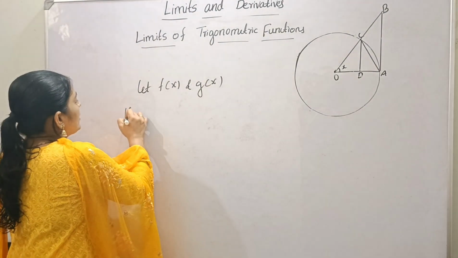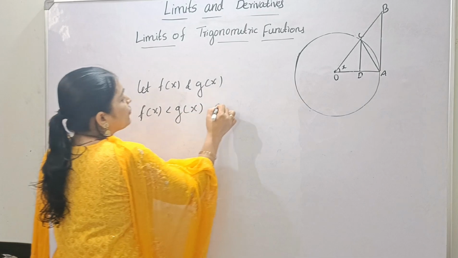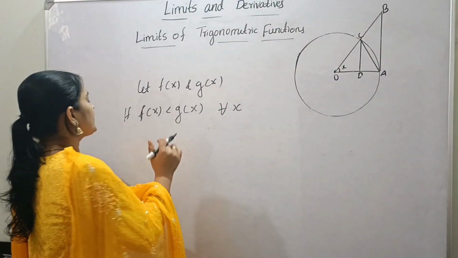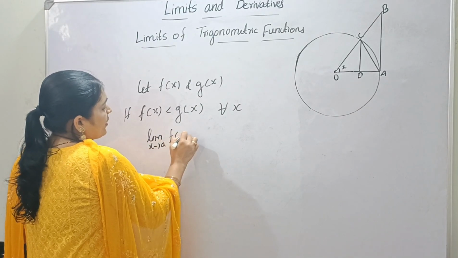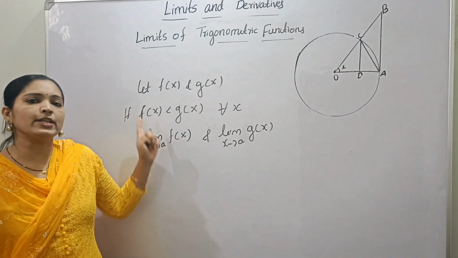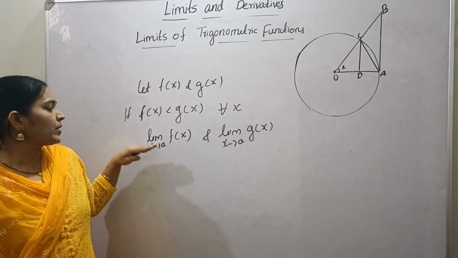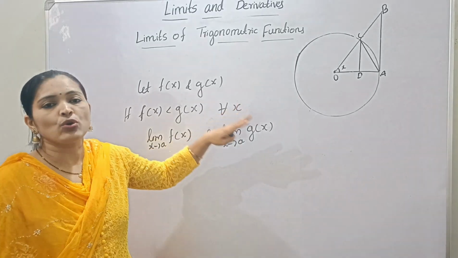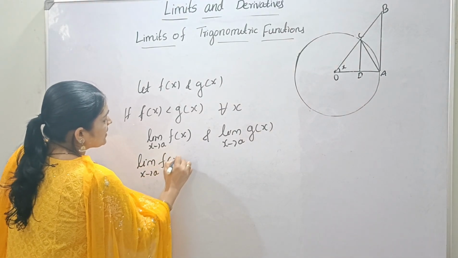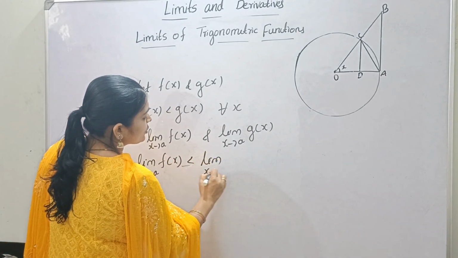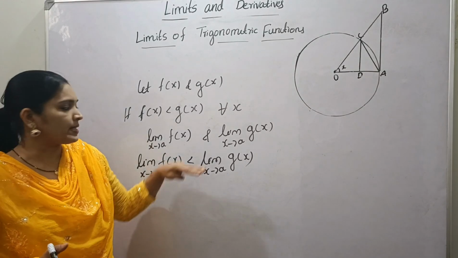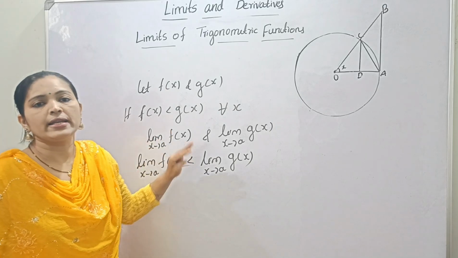If f of x is less than g of x for all values of x in the domain, and limit x tends to a f of x and limit x tends to a g of x exist, then limit x tends to a f of x is less than limit x tends to a g of x.